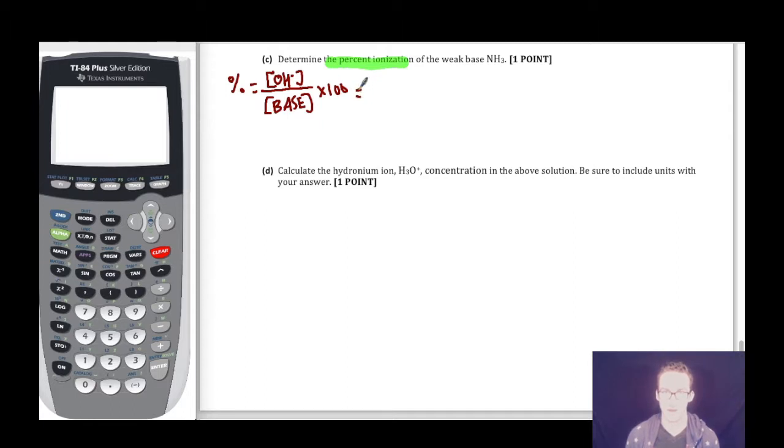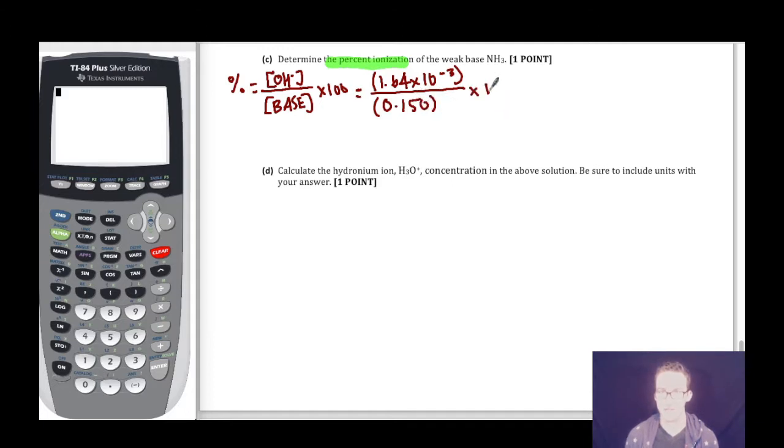Now, in this question, the hydroxide ion concentration comes from part B, which we determined to be 1.64 times 10 to the negative 3. The initial concentration of the base was also provided to us earlier in the problem to be 0.150 molar.